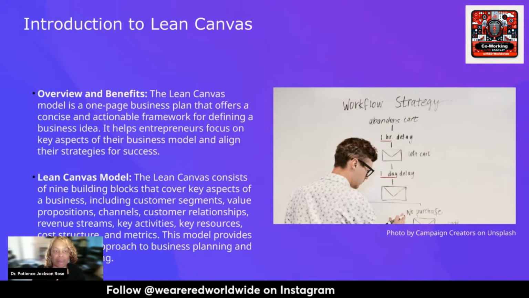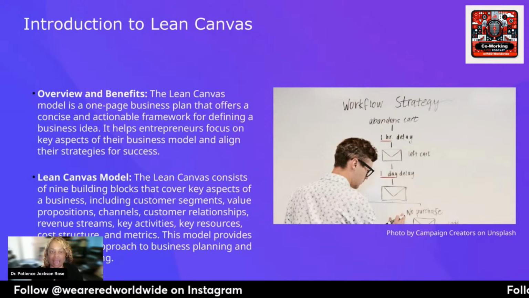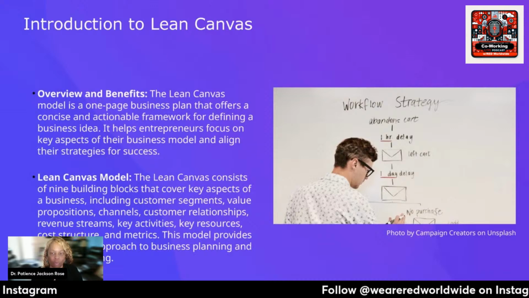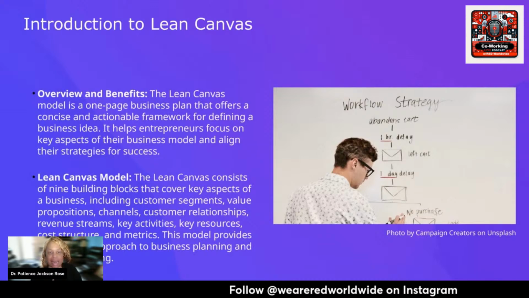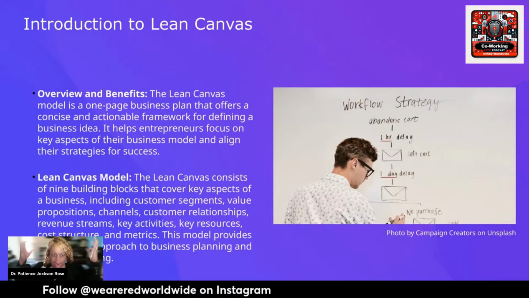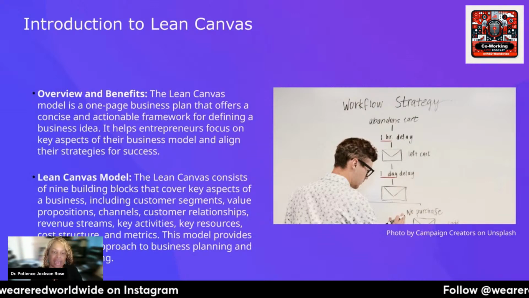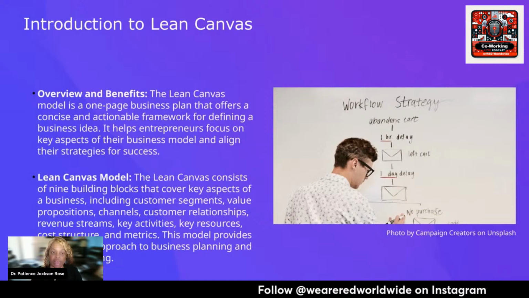So when we are looking at this lean canvas, we really want to understand what it is. So let's take a step back and take the high level view. The lean canvas model is just a one-page business plan that offers a concise, actionable framework.